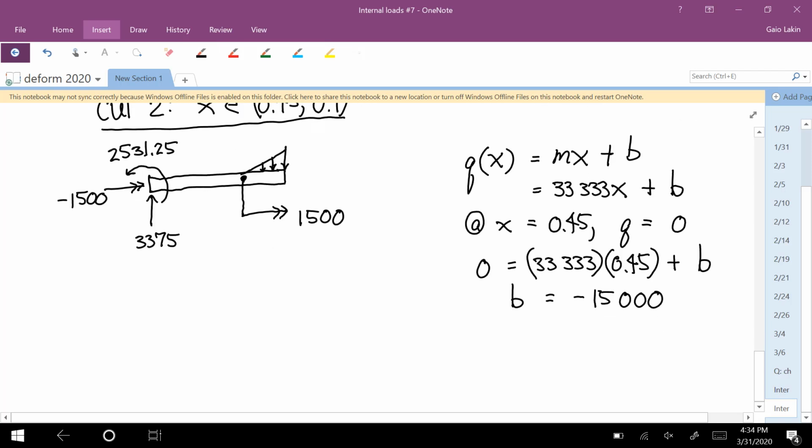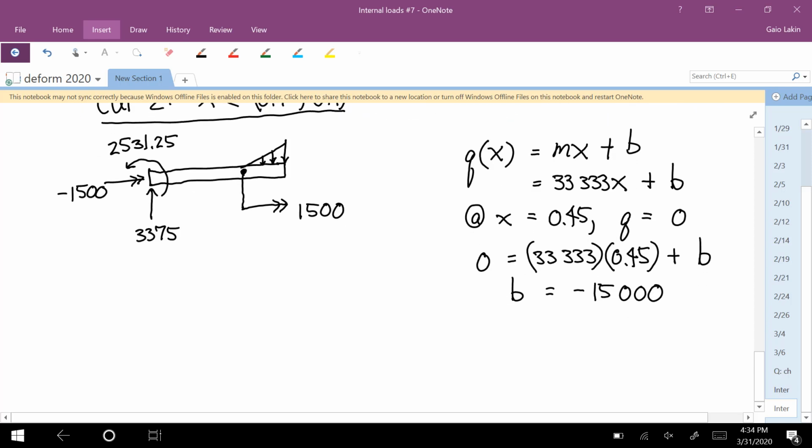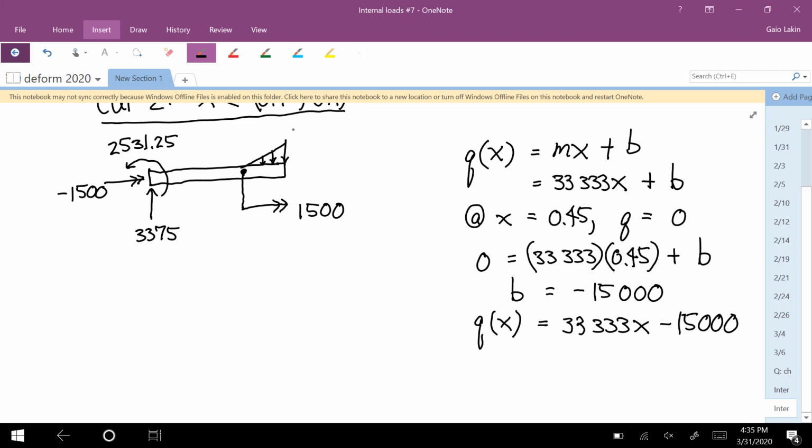Okay, so what that tells us is that this function q, our distributed load function, is equal to 33,333x minus 15,000. And so that is the height of this triangle for a given x.